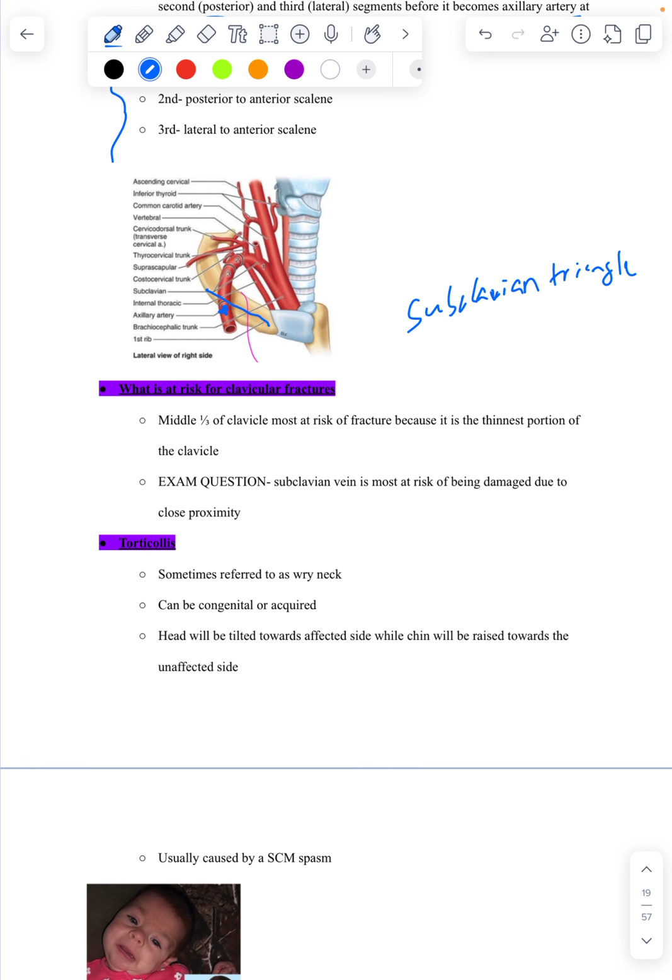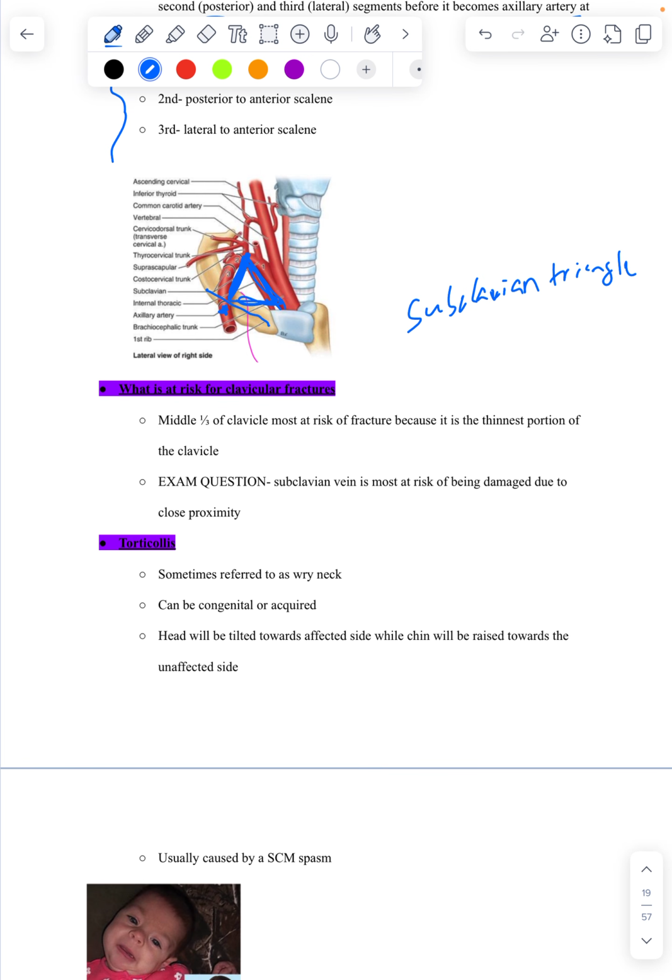So remember we had inferior omohyoid, we had the SCM coming this way, and then we had your, okay, this is an awful triangle, but it was like this.